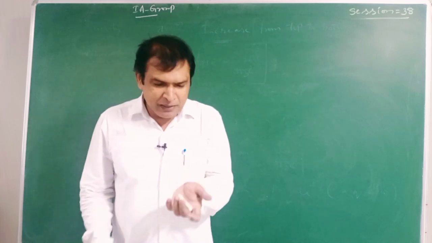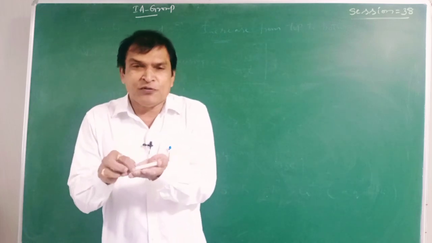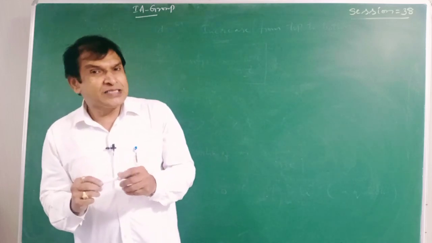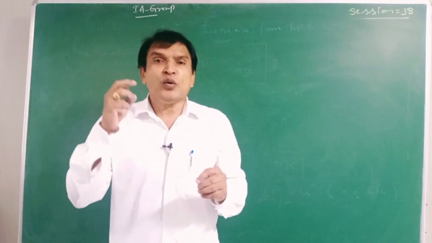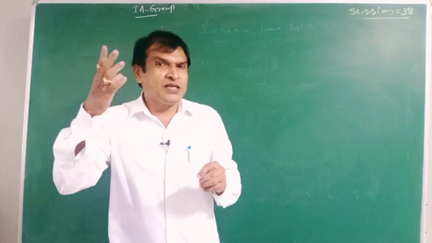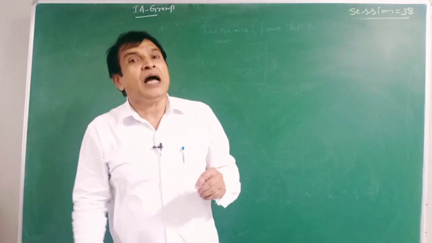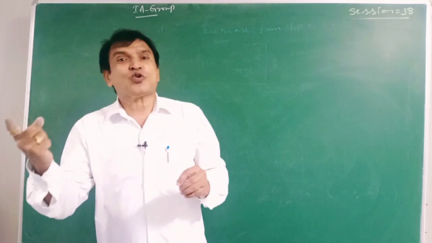For example, suppose it is an alkali metal, say sodium. In the last session we discussed that they possess exceptionally low ionization energy, because they contain only one electron in the valence shell and their nature is electropositive.